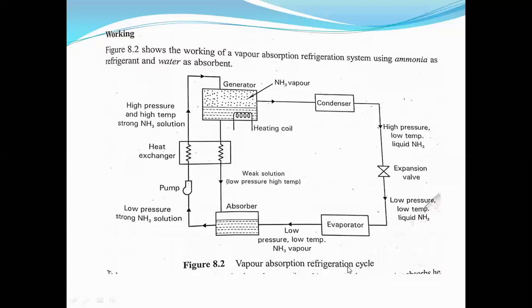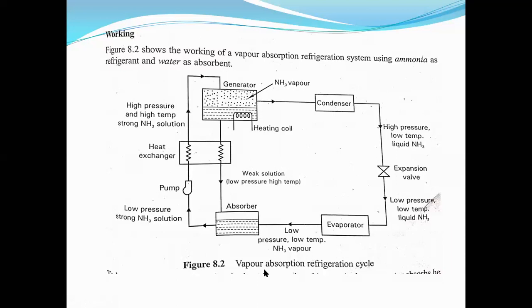Whereas in VAR, both the refrigerant as well as the absorbent are used. What are the examples? Your refrigerant is ammonia, which is easily soluble in water, and that is called the absorbent. Another example is water as the refrigerant and lithium bromide as the absorbent.